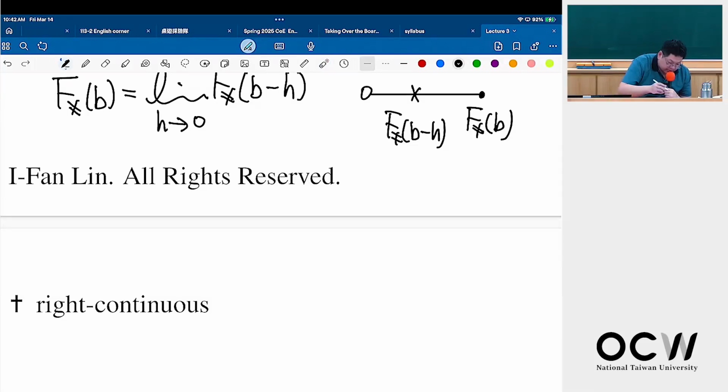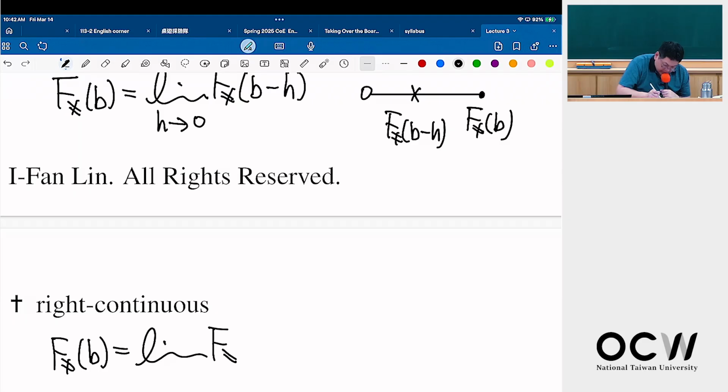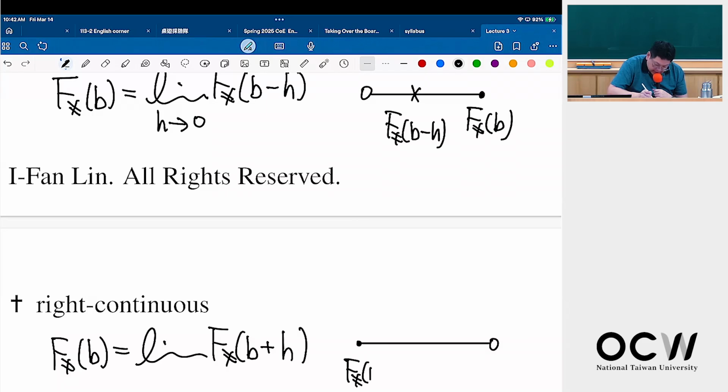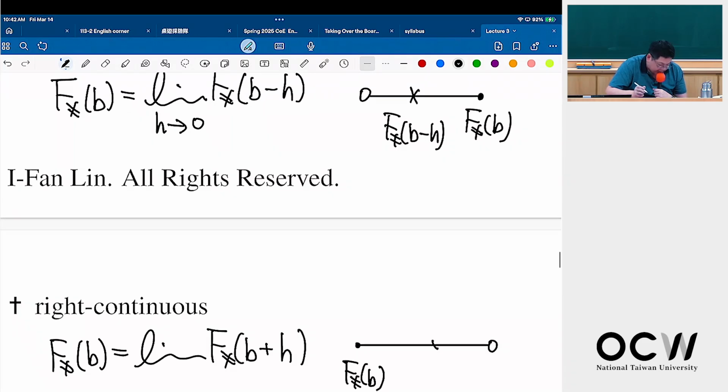means I have a point at right. So if I have a point at right, say this is f of x at b, and here is f of x at b plus h.